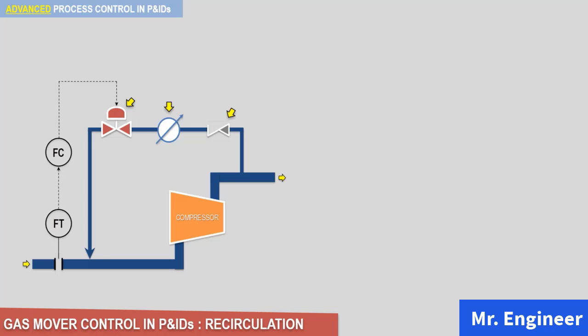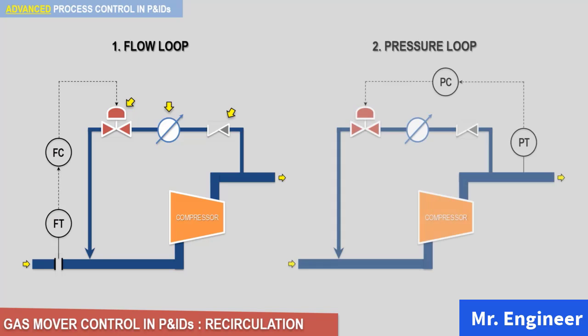Now there are two options for a control loop here: flow loop as seen here, or pressure loop. And as flow and pressure are interrelated, both of them are theoretically acceptable. The decision of whether to use a flow control loop or a pressure control loop could be based on some other parameters.